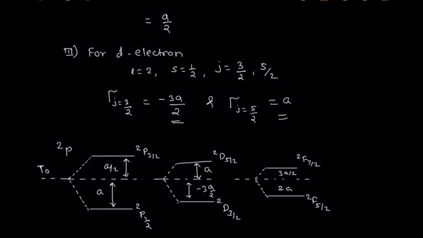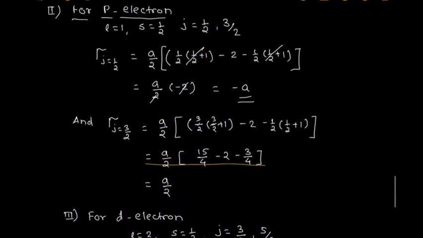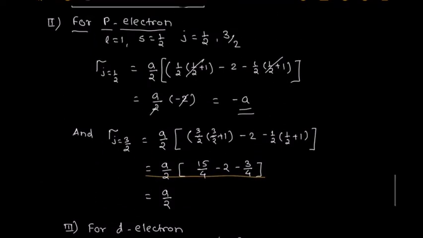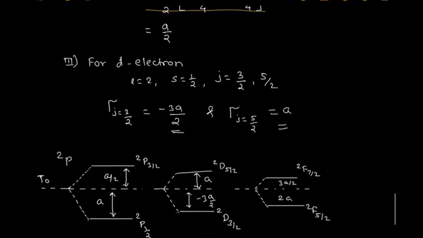These two terms are separated from T0, with the upper at a distance equal to A by 2, and the lower state at A. Since the lower state from T0 is minus A, that we found earlier, the tau J equal to half for the P electron is minus A. Hence we write here A, and here A by 2.